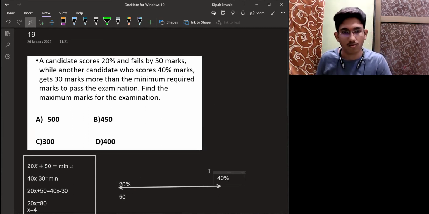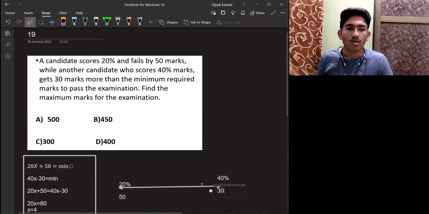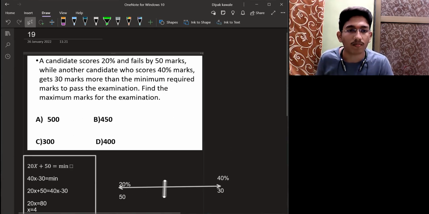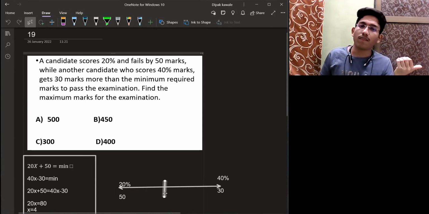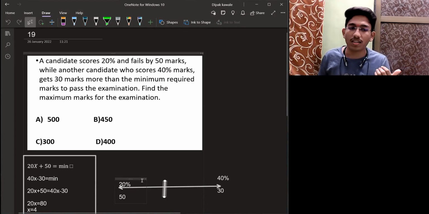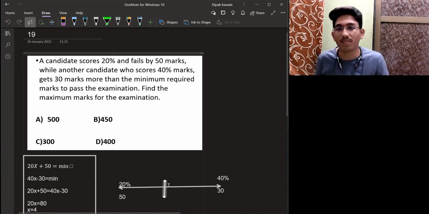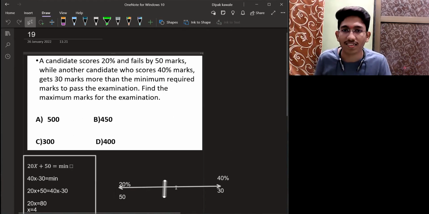Correct. 40% and 30. So can I say that my minimum lies somewhere between this 20% and 40%? My 20% is 50 less than my minimum, and my 40% is 30 more than the minimum. Correct.